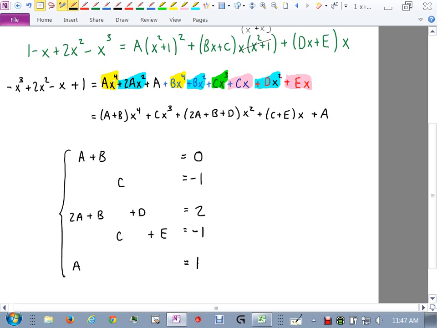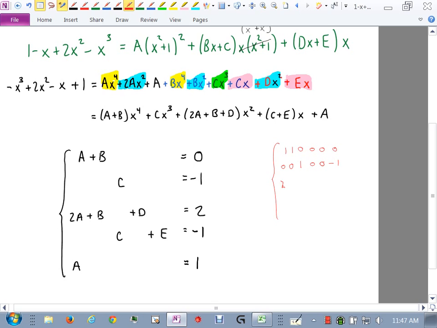Now you could do this as a matrix, right, on your calculator. You're not going to need to, but let me just jot this down real quick. Your matrix would come out, you'd have 1 1 0 0 0 0. Then you would have 0 0 1 0 0 -1.